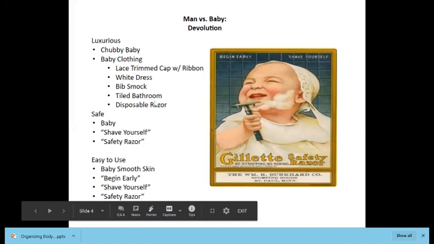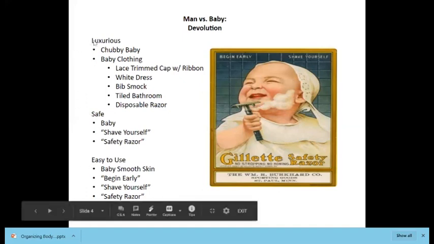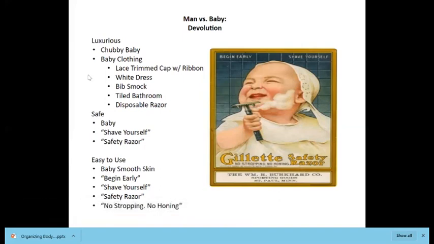You will notice, however, that I have tried to sort these into different categories. So what is supposed to be the appeal of this ad when we look at this baby? We've decided that one of the things that might draw in potential buyers is the idea that this is luxurious.